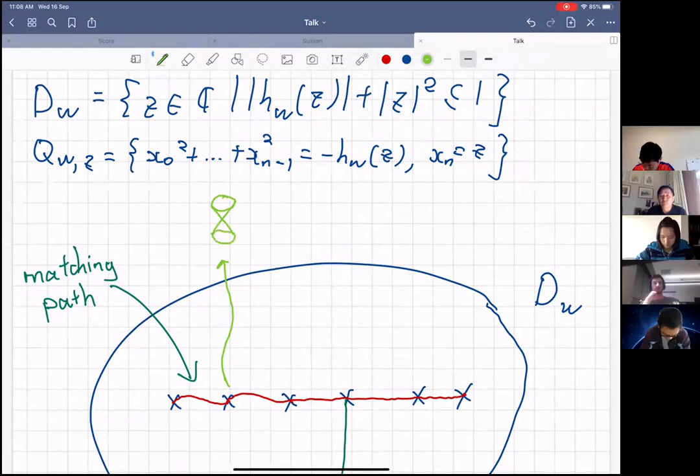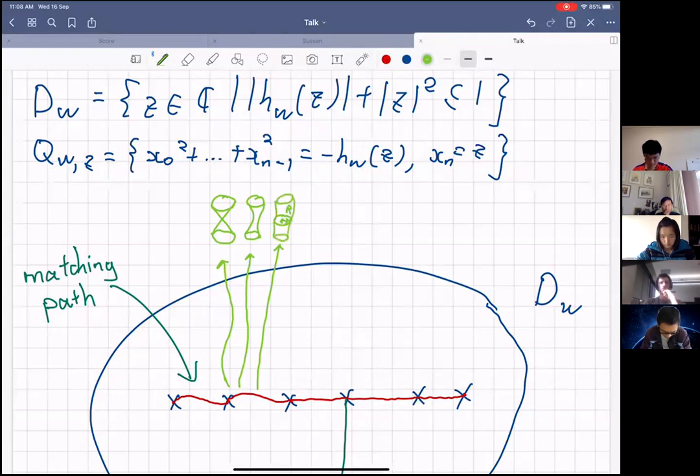And then for the other point, you'll see something like this. And you can observe that when you get to the middle, the radius will get bigger.